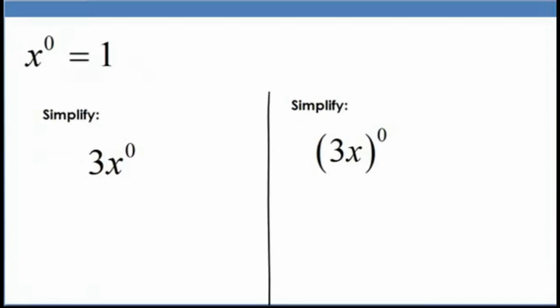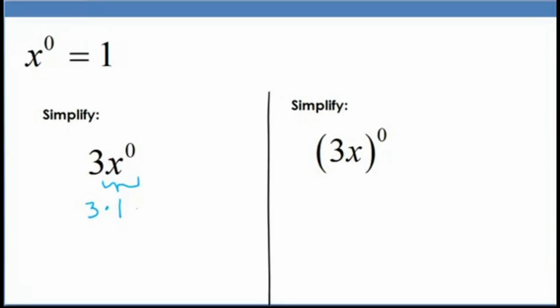We will use our definition to help us simplify these two problems. What you want to notice is what the 0 is really with. In the first situation, the 0 only applies to the x. So this piece of it, the x to the 0, is 1, but you still have it multiplied by 3.